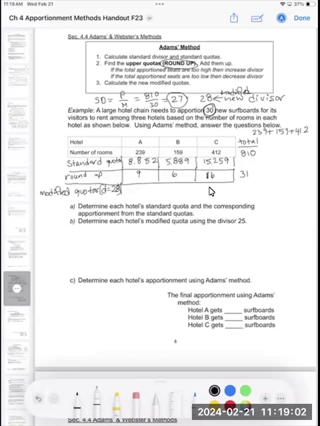And to calculate these, I'm going to do 239 divided by 28, 159 divided by 28, and 412 divided by 28. So a little bit ago, when we did the standard, we were dividing by 27. We increased the divisor because there's too many seats. So yeah, now we're going to see what numbers we get.